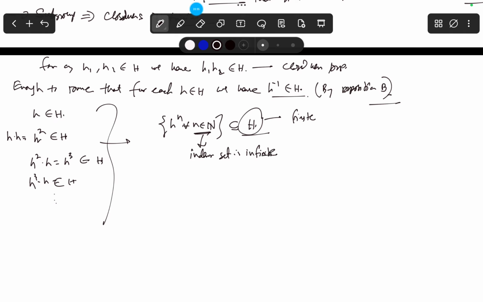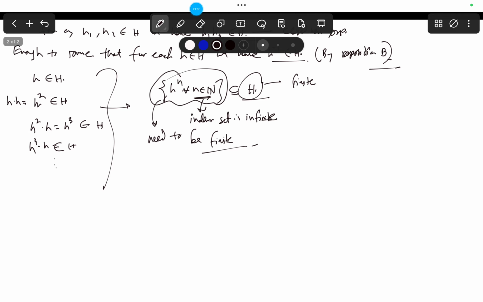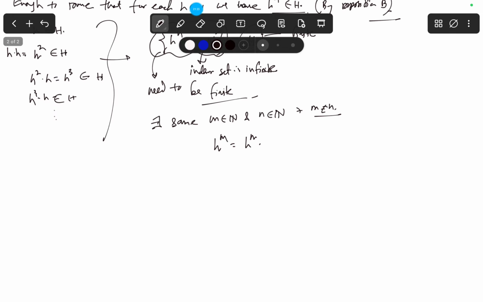That means this particular set must be finite. That means there exist some m and n in the natural numbers such that m is not equal to n and h power m is the same as h power n.